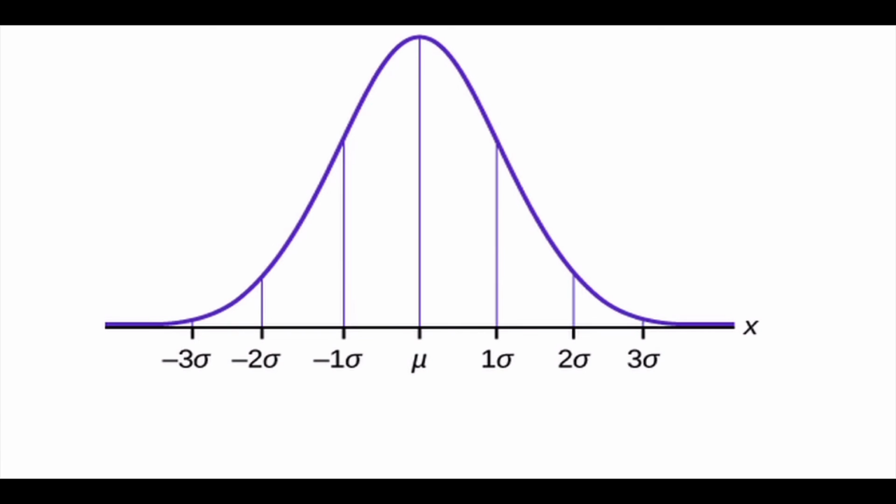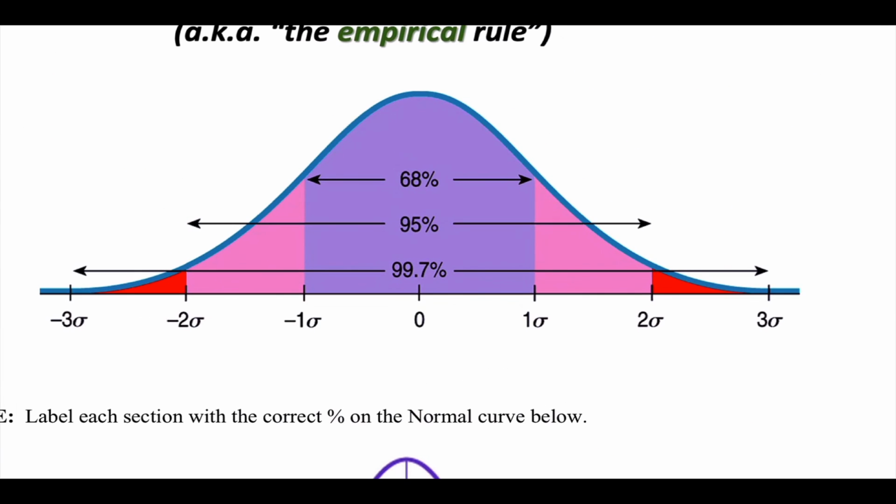Okay? So in all of these sections, we know there has to be 99.7, right? So let's look at this guy. Start with the purple. Where does the purple go from? Where is the purple? One standard deviation above, one standard deviation below. And how much is in that purple?